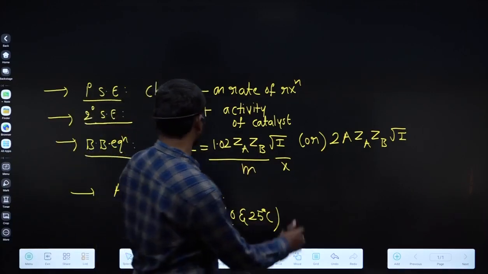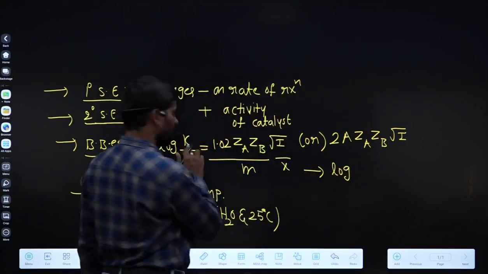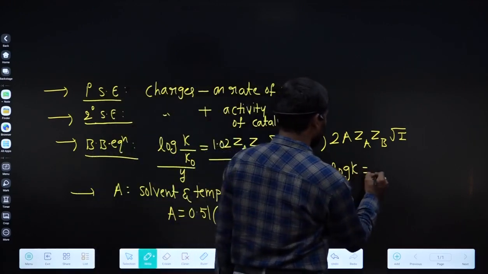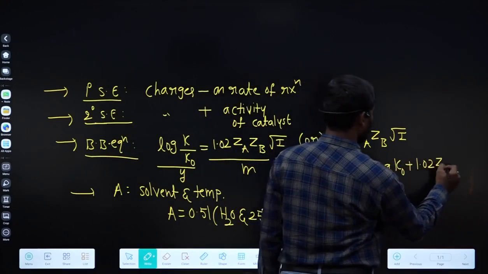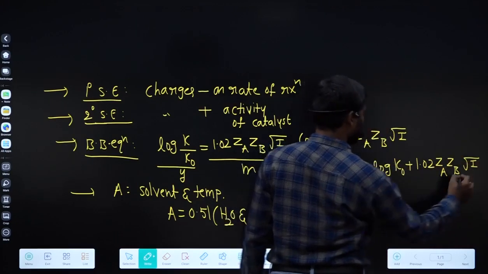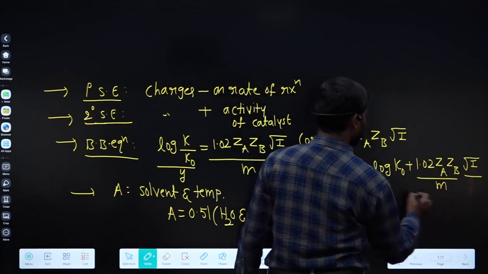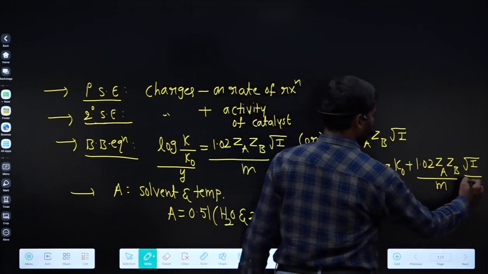Or this equation we can also write as log A by B, log A minus log B. If you bring log K naught to the right side, log K is equal to log K naught plus 1.02 ZA ZB root I. So if you plot log K versus root I, the slope is 1.02 ZA ZB, and the intercept is log K naught.